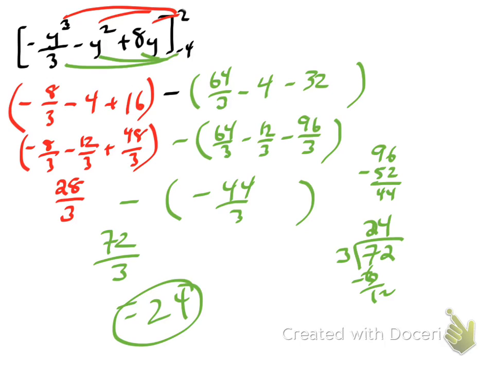Seems a little low. Looks like I've actually made a mistake here. It took me a moment to find it, which I paused for. This should have been positive, actually negative 16.